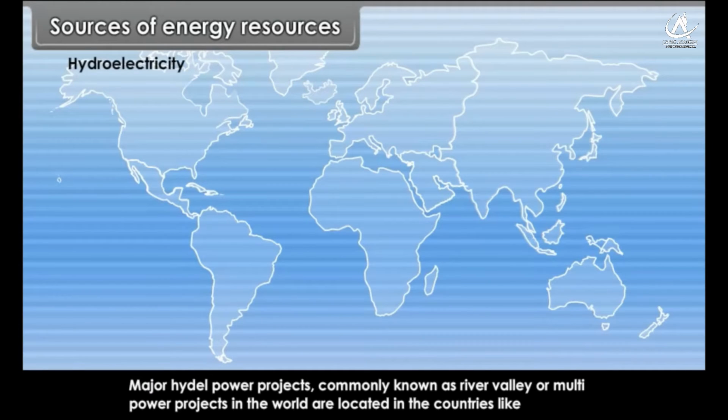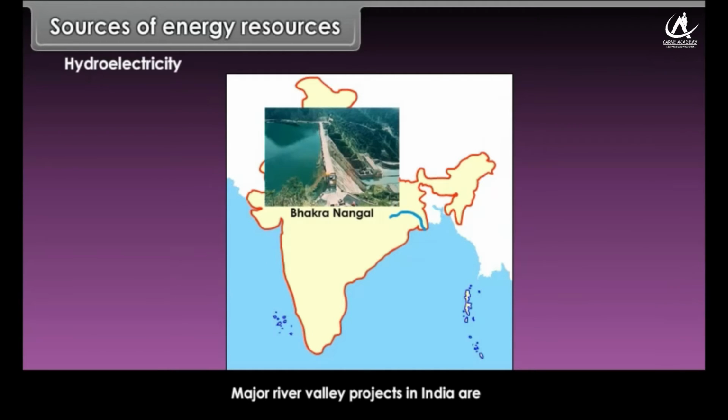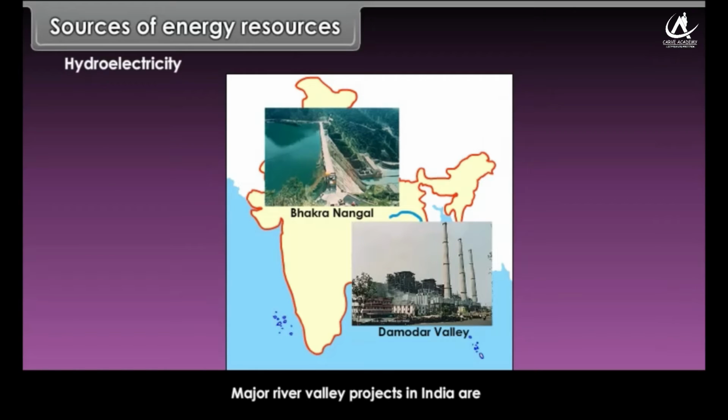Major hydel power projects, commonly known as river valley or multi-purpose projects in the world, are located in countries like Sweden, Norway, Switzerland, Canada and the USA. Major river valley projects in India are Bhakra Nangal and Damodar Valley Corporation, which produce hydroelectricity.